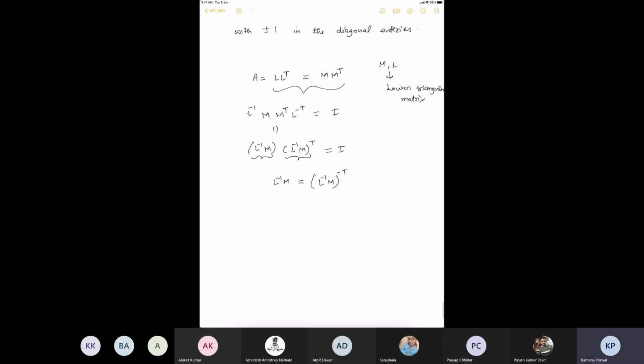So what can you say, if M is lower triangular and L is lower triangular, what is going to be the structure of this matrix? If L is lower triangular, L inverse is also going to be lower triangular. Okay, so this is going to be a lower triangular matrix.